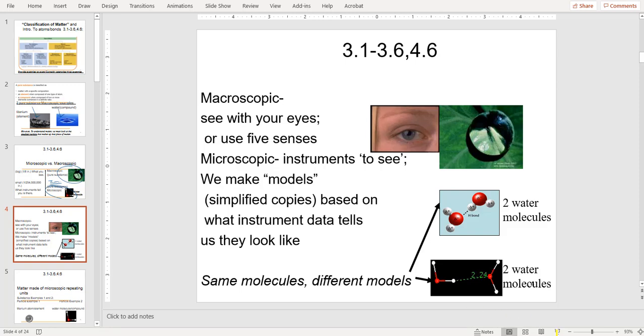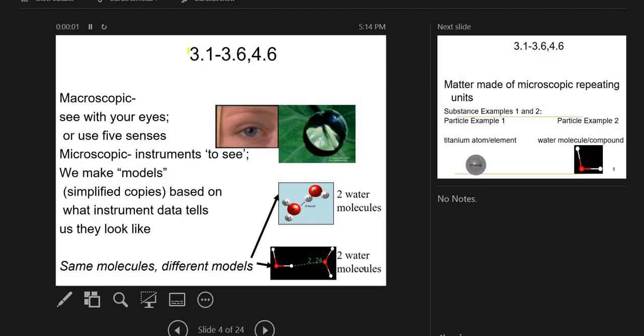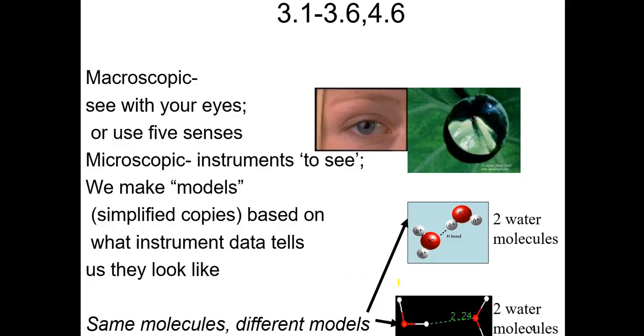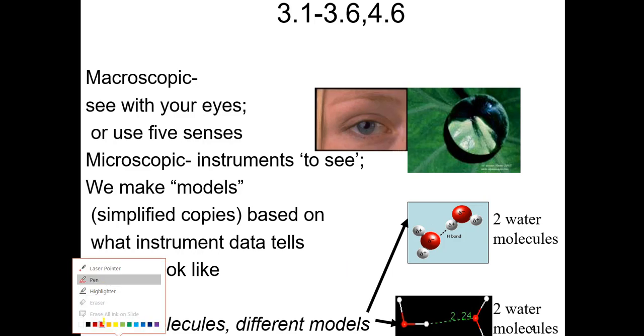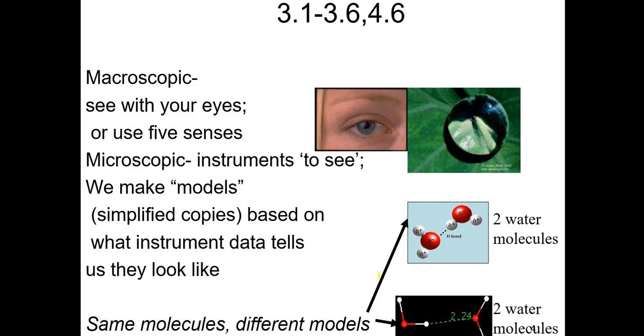Now, we can have different types of models showing different aspects of the chemical. For example, the ball and stick model allows you to see these things called chemical bonds, and it also allows you to see the atoms that make up the different parts of the molecule.